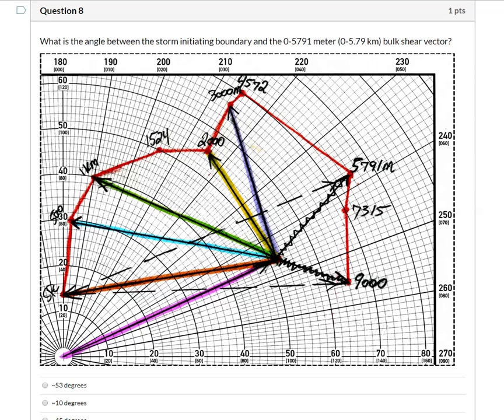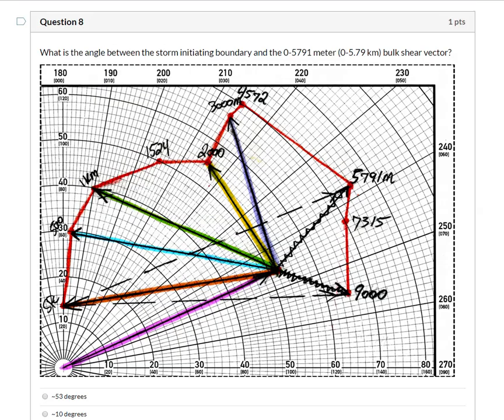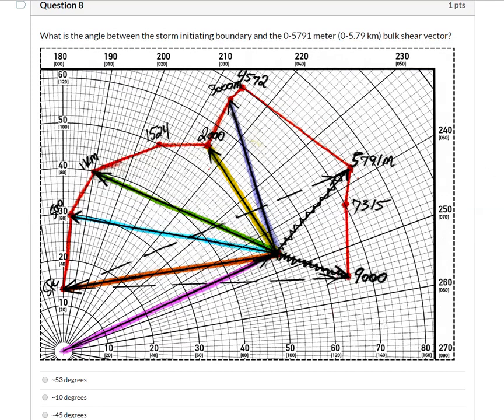So that'll give you a feel for what kind of storms are going to develop. And you can answer that one. Make sure to practice this, because on the next quiz, quiz 10, which may end up being our final quiz, I won't go through and explain how to do everything.